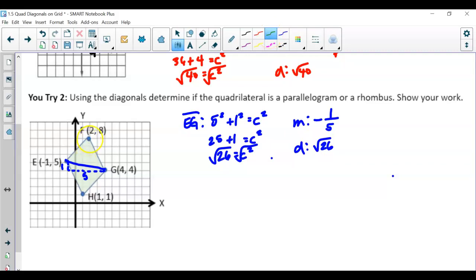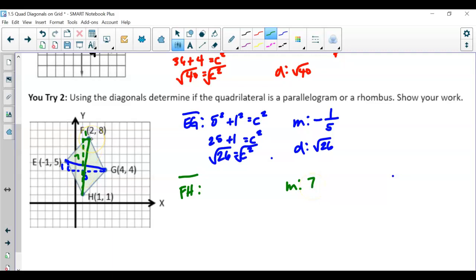Then going on to the other diagonal here, FH. So again, getting that slope, notice how reading it left to right now is positive. And then the rise is 7 with a run of 1. So positive 7 over 1 or just 7.